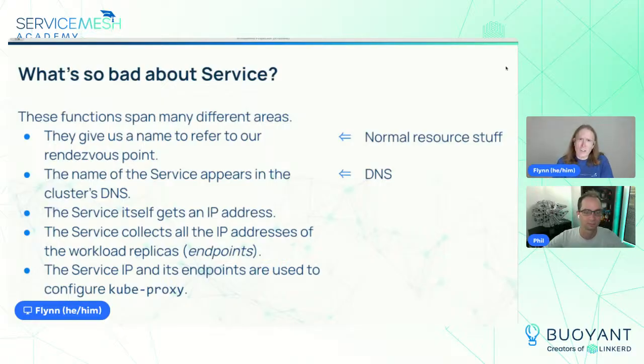If you go looking for this code, it's kind of fascinating to even try to find it and figure out how it works. The service itself gets an IP address, which means that service has to interact with IP address management, which is a huge part of Kubernetes clusters, albeit mostly an invisible part. Collecting the IP addresses of all the workload replicas, depending on who you talk to, is either IPAM or more resource stuff.